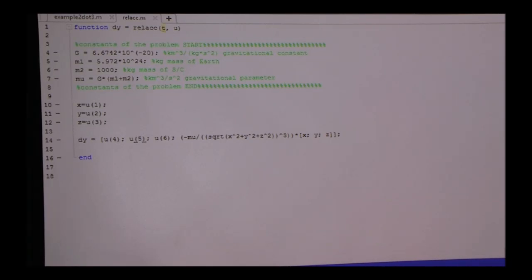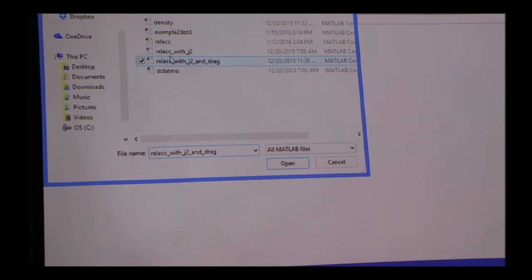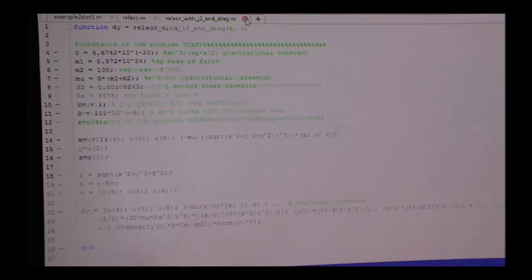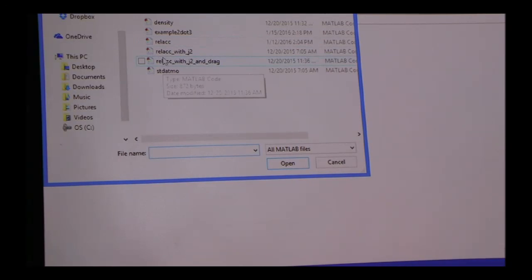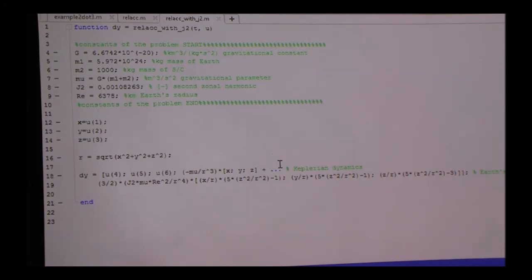So this is the dynamics that is given by this equation here: r double dot equals minus mu over r cubed times r. And then I added the J2 perturbation, which is something we'll see in several weeks.